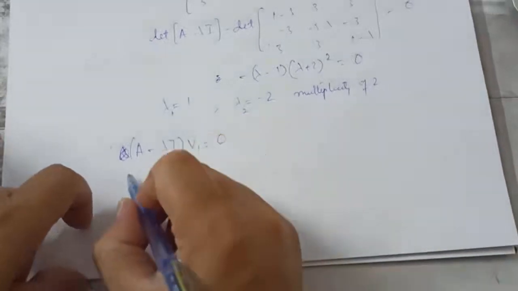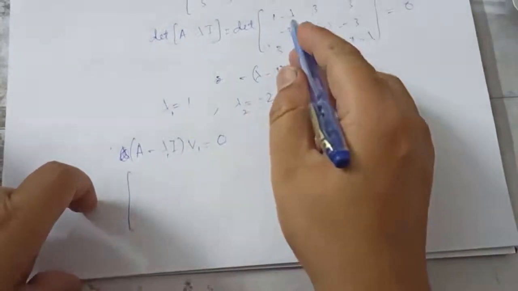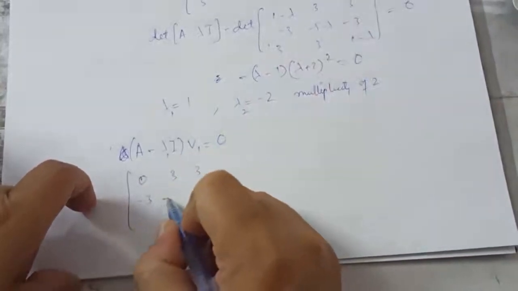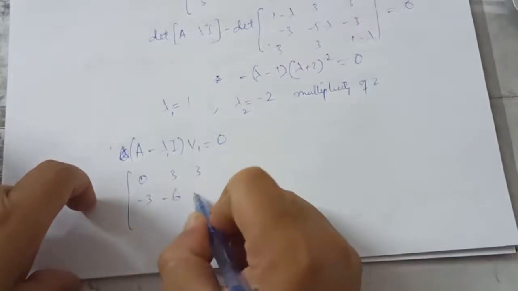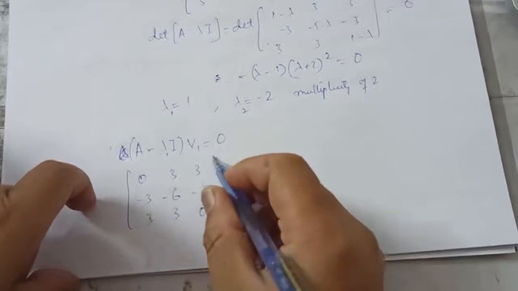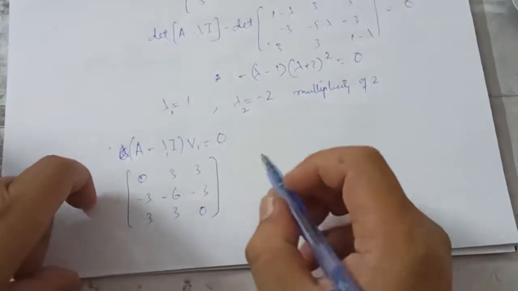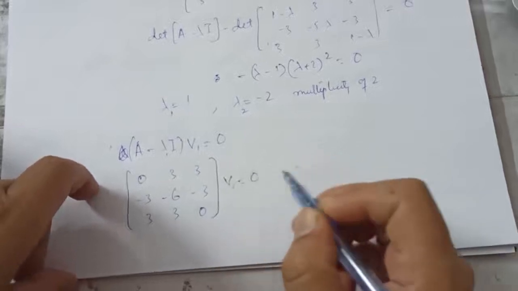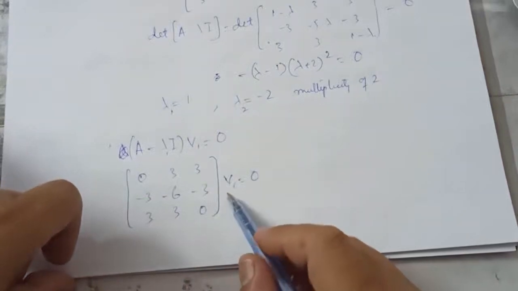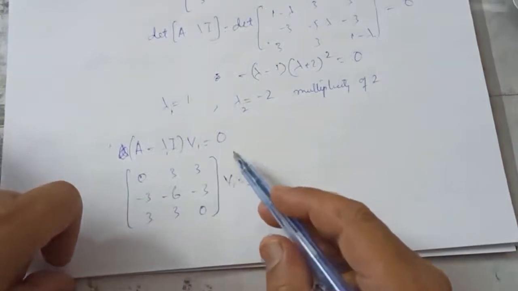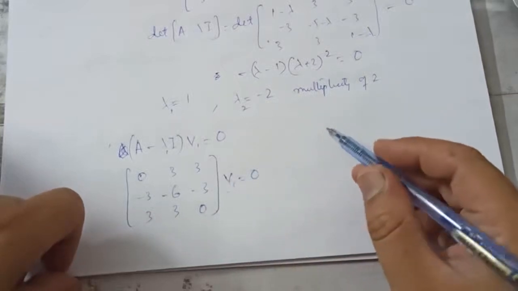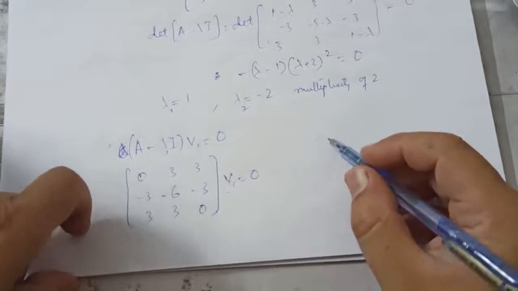If you put lambda 1 here, the answer you get is [0, -3, 3], [3, -6, 3], [3, -3, 0] times v1 equals 0. This is equal to finding the solution to the homogeneous equation for v1.